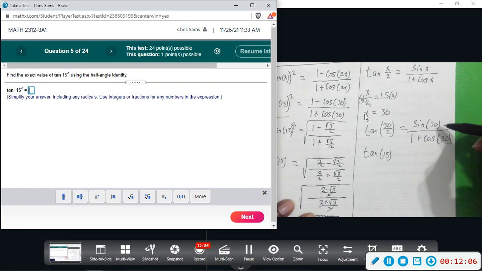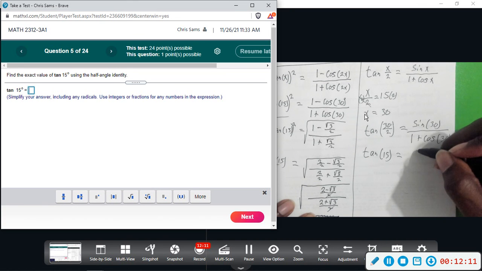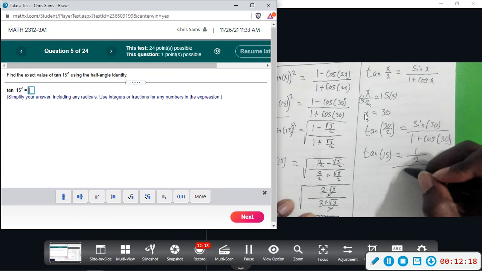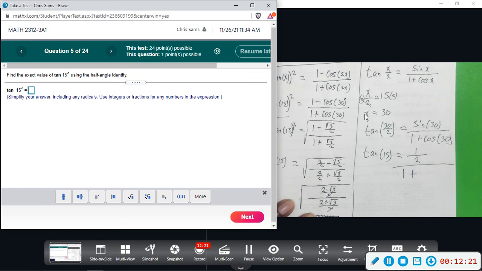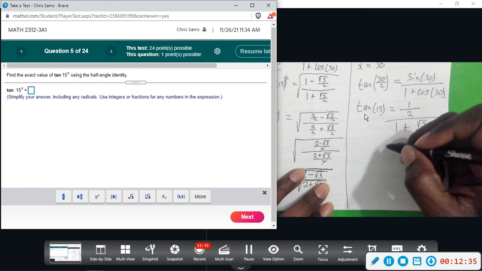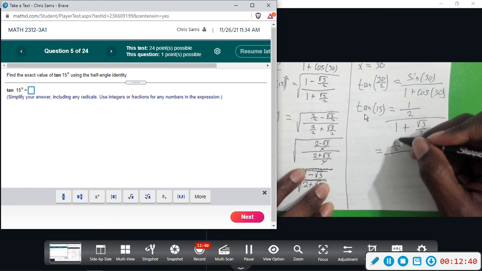And then sine of 30 from the unit circle gives us 1/2. And then on the bottom, 1 plus cosine of 30, cosine of 30 is the square root of 3 over 2. Okay, so we're going to combine. We're going to keep, change, flip when we do that. So 1/2 on the top. On the bottom, change this to 2 over 2 and add.